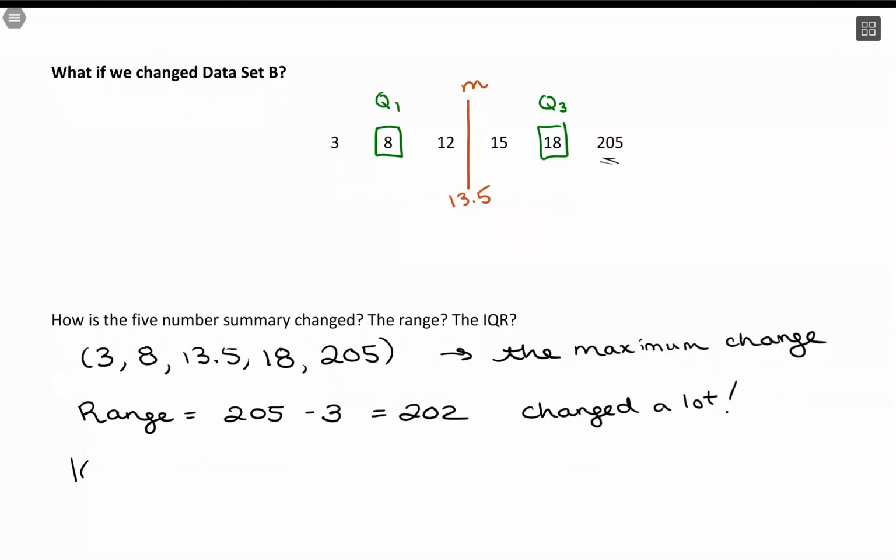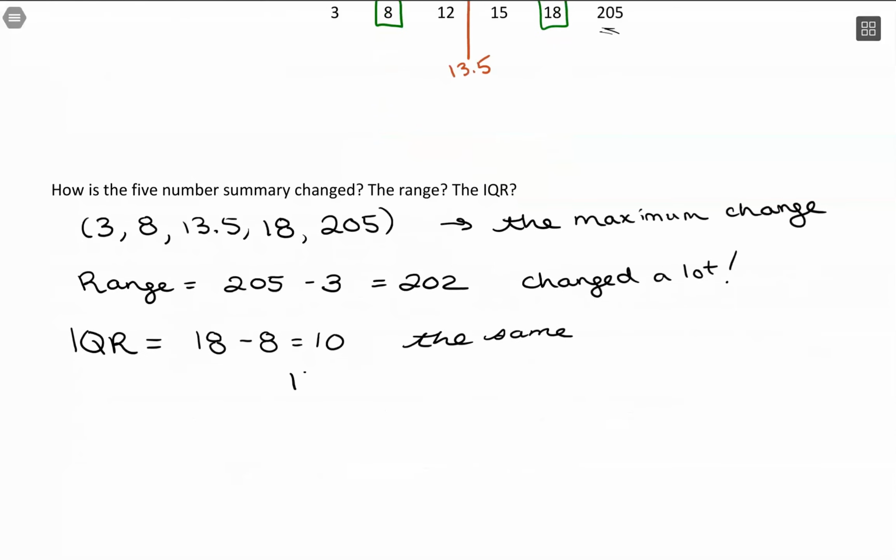But if we calculate our interquartile range, which would still be 18 minus 8, it's the same. So the interquartile range is resistant to outliers, which is fantastic. That's what we want with our skewed data, so that we get an accurate representation of center and spread. So when we have skewed data, this is the route we're going to go.